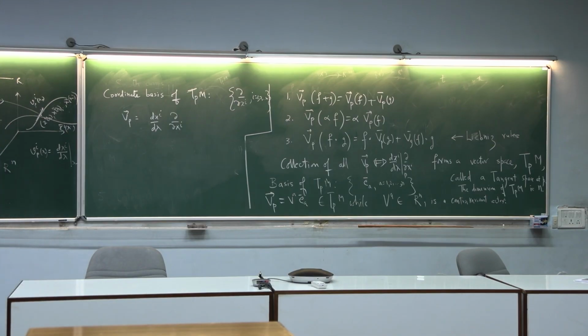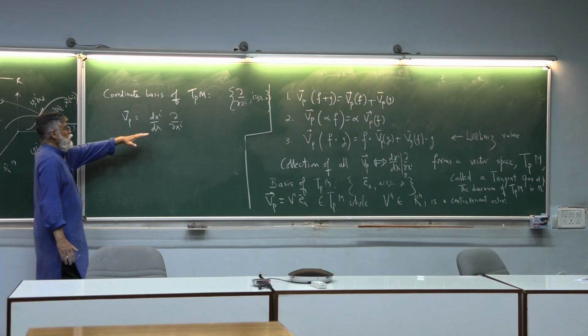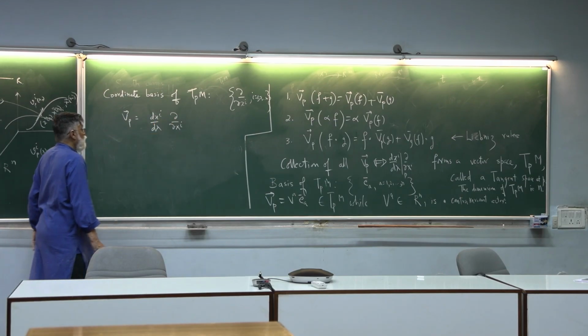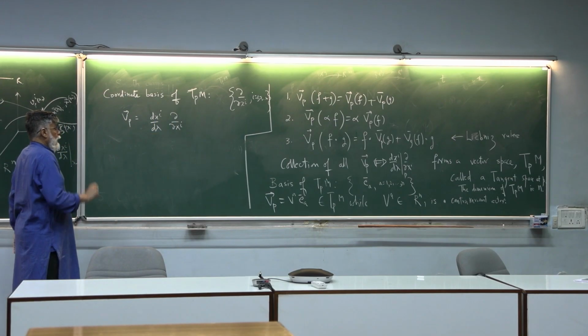Okay. But there are interesting things that can be done when you are in the abstract realm, talking in terms of an abstract basis. Then there are a lot of interesting things that happen. But for our short course, we will stick to the coordinate basis del by del x1, del by del x2 and so on. Right.